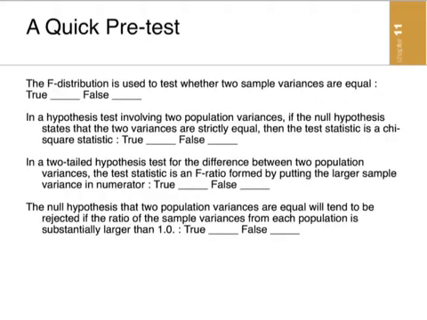In a two-tailed hypothesis test for the difference between two population variances, the test statistic is an F ratio formed by putting the largest sample variance in the numerator. True or false?